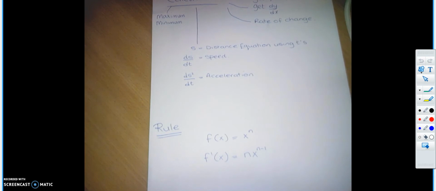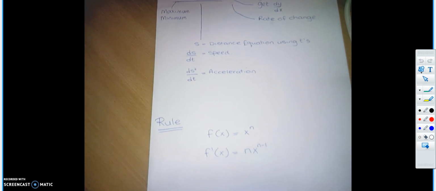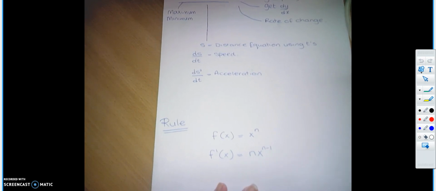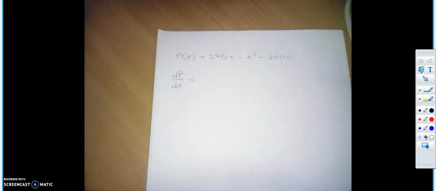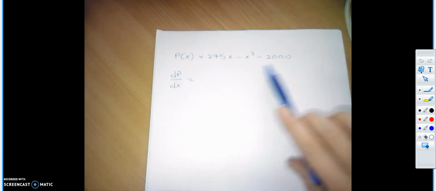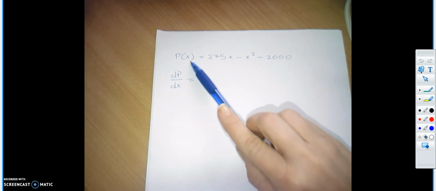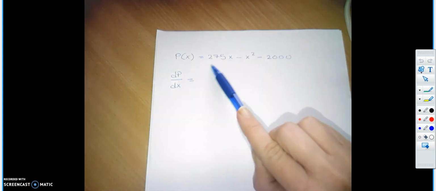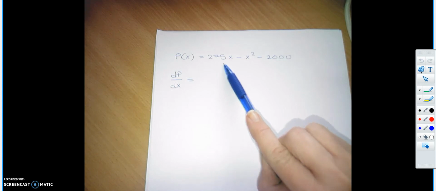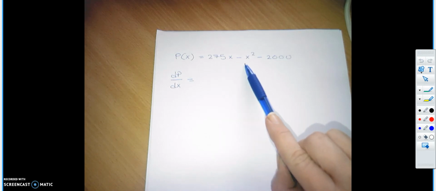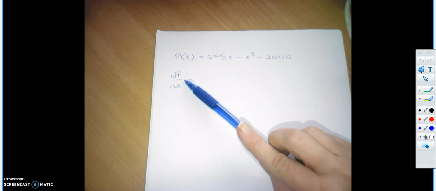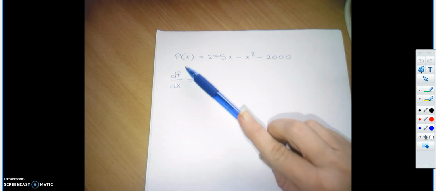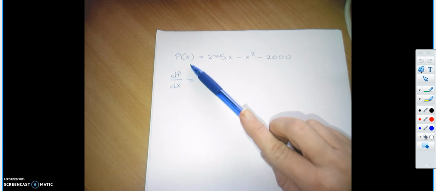And you ignore all the non-x bits, apart from multiplying. So if on your exam you got given this function, they've given us a function called p of x. So p of x is equal to 275x minus x squared minus 2000. I want to differentiate it, so I want to get dp dx. So I want to differentiate this with respect to the x's.